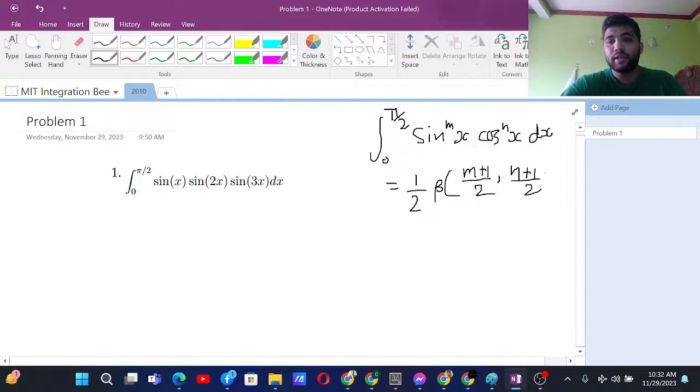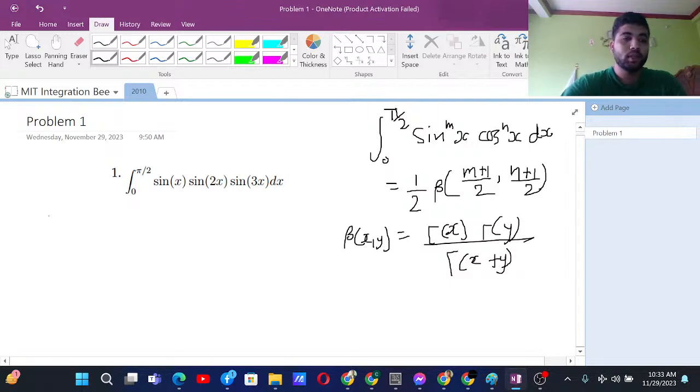After this we can use the beta function definition: Beta of x, y is equal to gamma x gamma y by gamma of x plus y. So this will solve the problem.